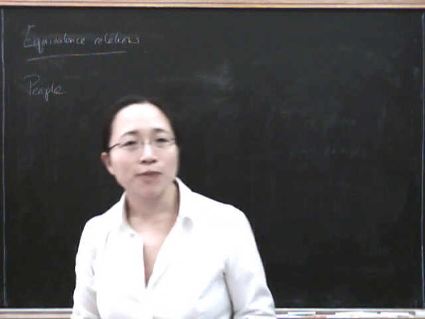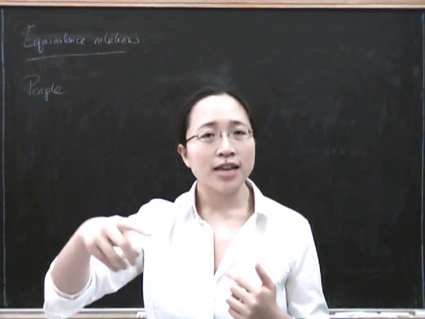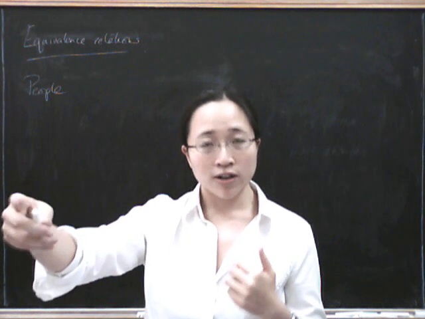Now have you ever thought about friends and about whether if you're friends with someone else and they're friends with someone else, does that mean that you're friends with them?